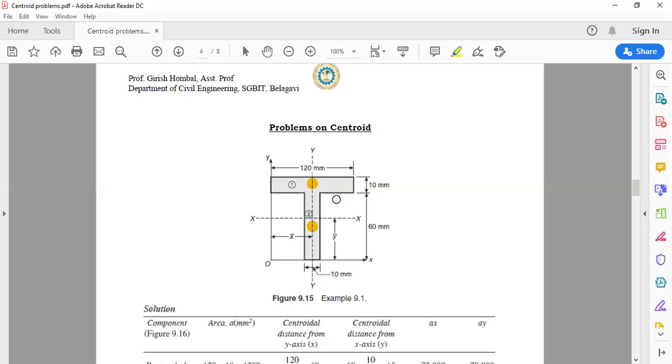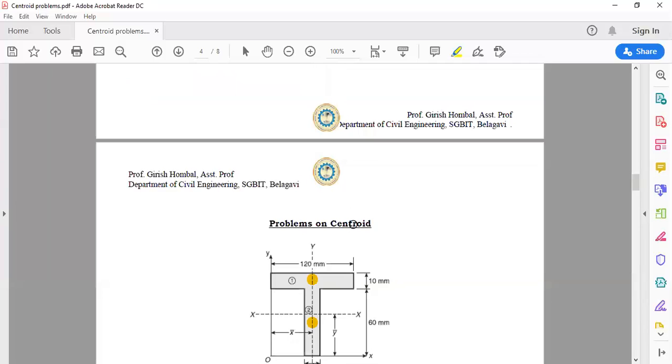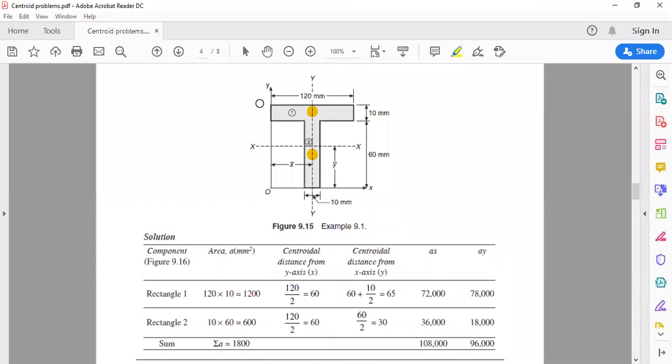Now, what is the area of the first rectangle? The area of rectangle 1 is 120 into 10, which is 1200. Next, x bar of the first rectangle, which is to be measured from the reference y-axis. The distance of this centroid from the y-axis is b by 2, that is 120 divided by 2, which is 60.